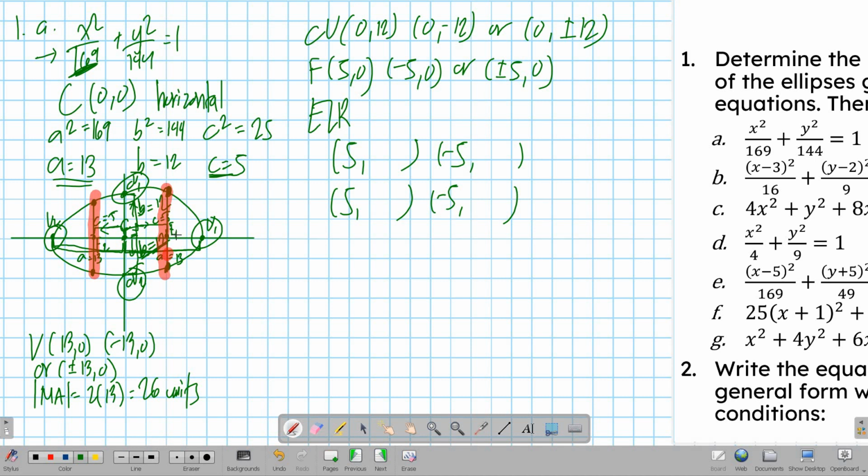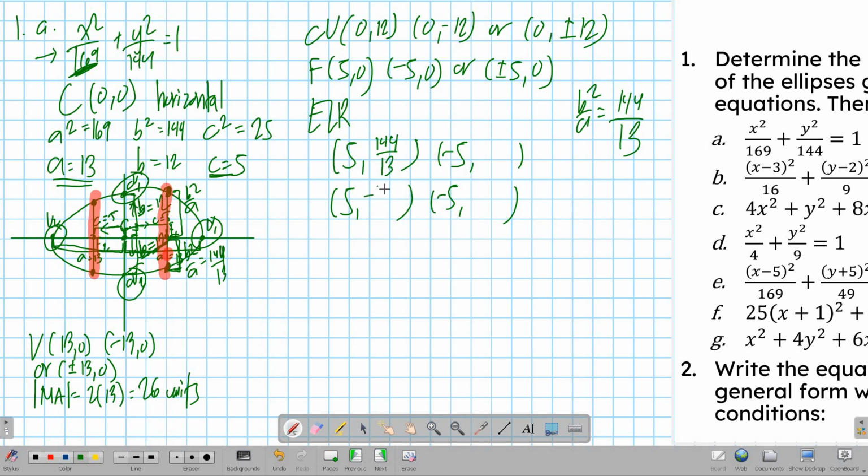And we know that from one focus to the endpoint, that's b squared over a, which in this case is equal to 144 over 13. That means from 5, 0, we go 144 over 13 units up. And then we go down also 144 over 13 units.